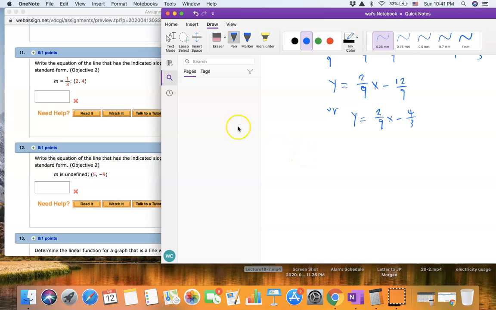We said when we are given the slope and a point contained, we should use the point-slope form to find the equation. So the point-slope form is this.